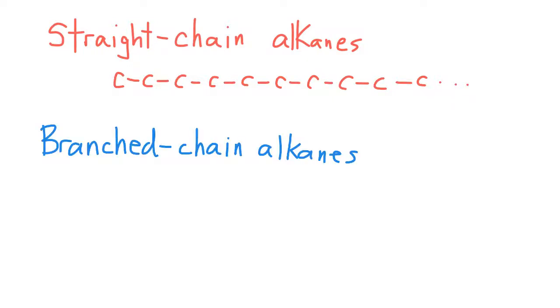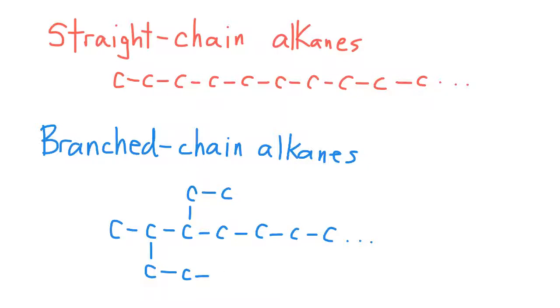So what I mean by that is, well, you could have a long chain of carbon atoms in a straight line, but you could have a branch off like that or down here. How do you name those? That's a subject for another time.